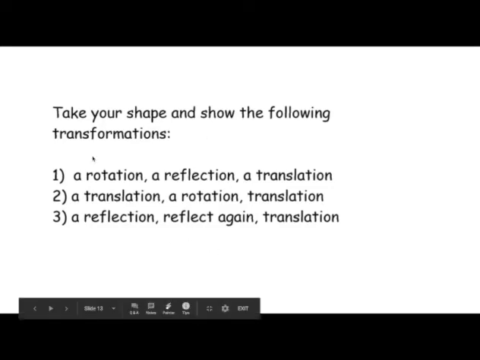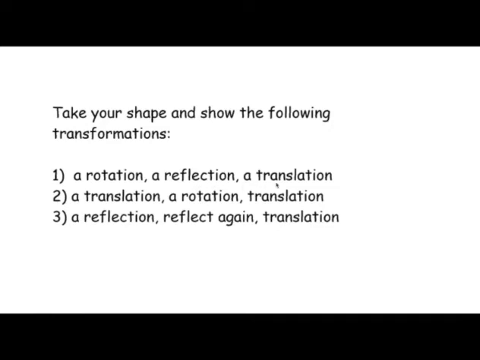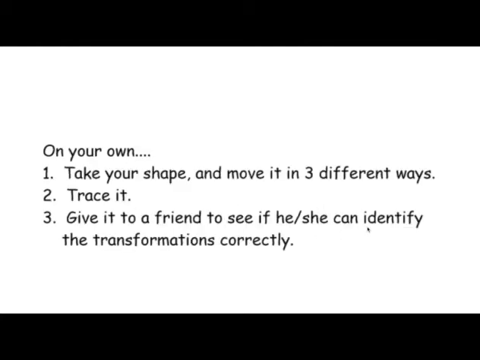Take a shape and show it rotate, reflect, translate, rotate, translate, reflect, reflect again, and translate. Then you can take a shape. If you have a brother or sister, you could trace that shape, trace where it is now, and see if they can figure out what you did to transform that shape.